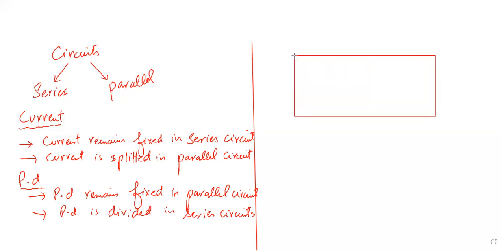This is one of a circuit in which this is the battery, right? And we know this is the positive terminal of the battery, this is the negative terminal of the battery. And we are using, let us assume, two bulbs. One is here and one is here. Am I clear?